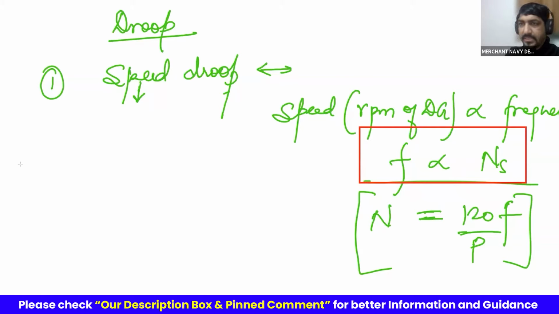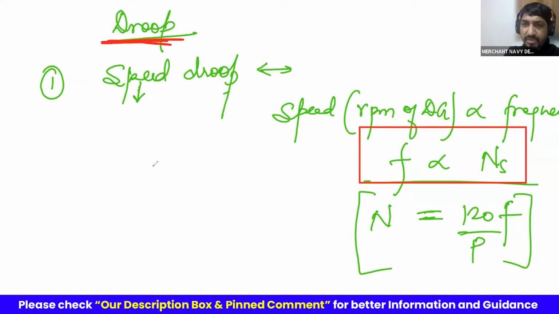Okay, next point here, let me link it to the droop part. Basically, droop is important when you want to run two generators in parallel. If you are running only one generator, whatever the droop setting, it doesn't really matter.